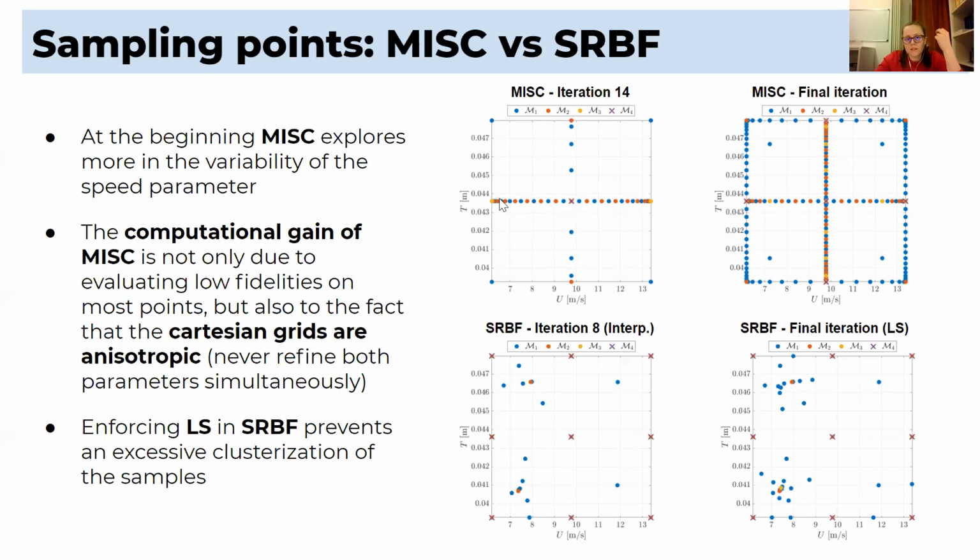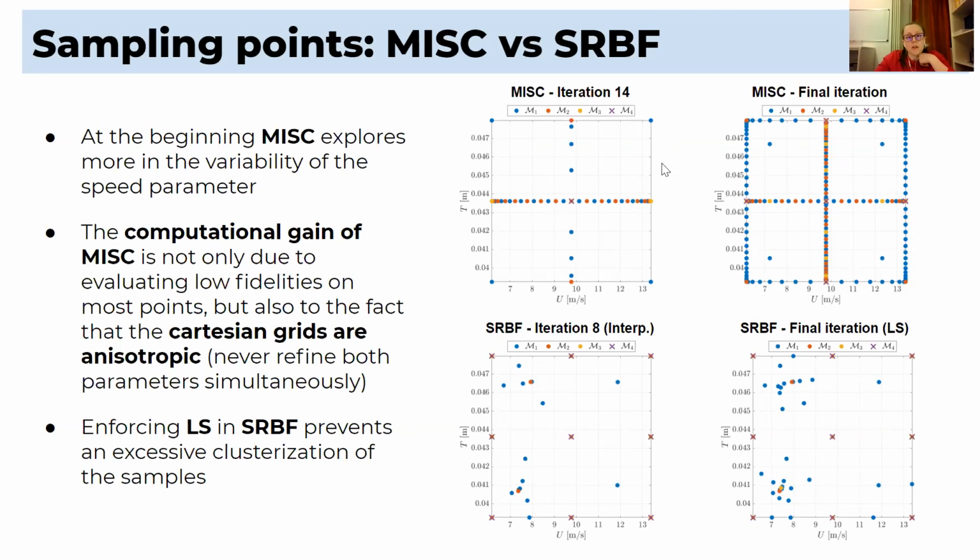It seems that the parameter U has more impact on the overall approximation. Let's say that's what we can conclude looking at this plot. But then, when we proceed with the adaptive scheme, we see that all the directions are explored well, and a lot of points are added.